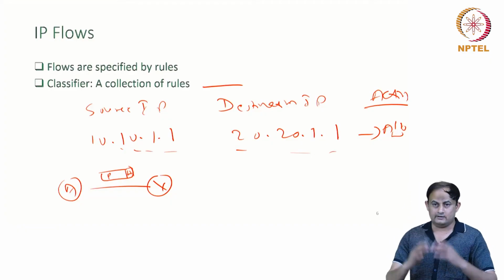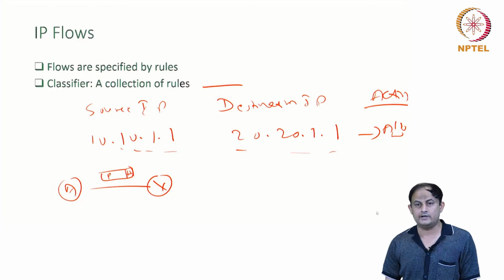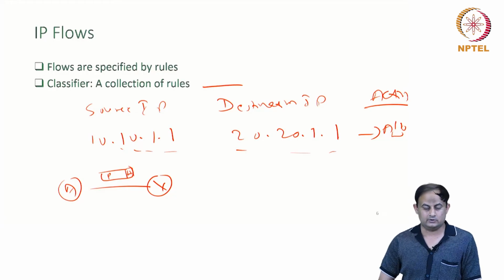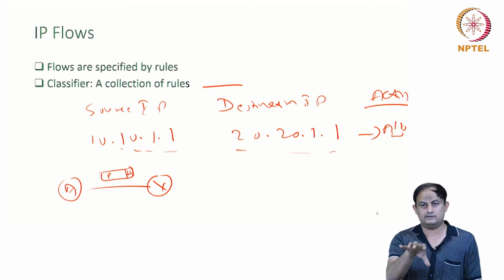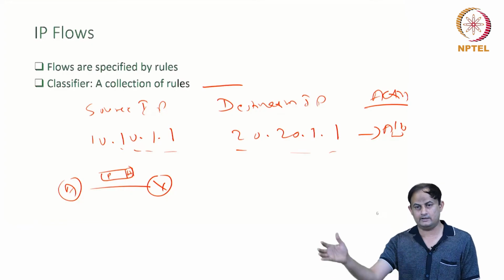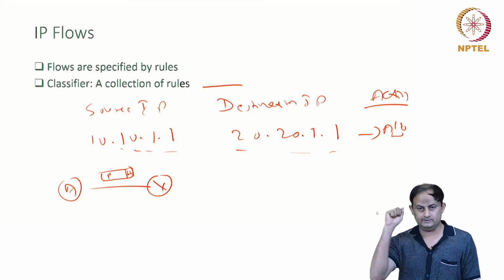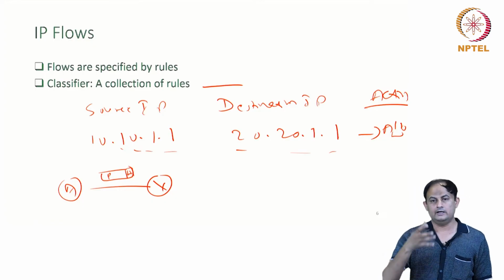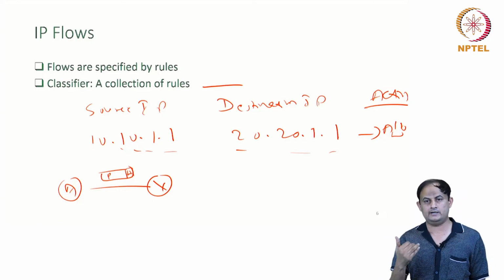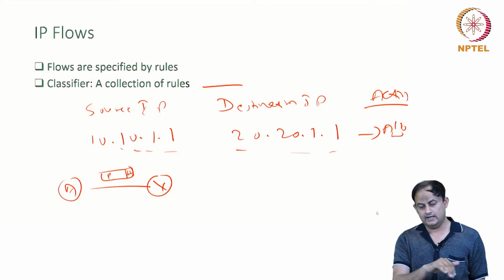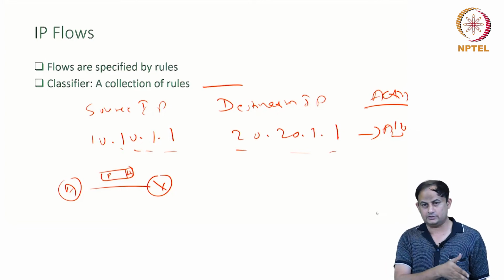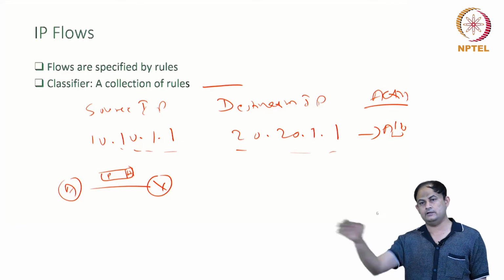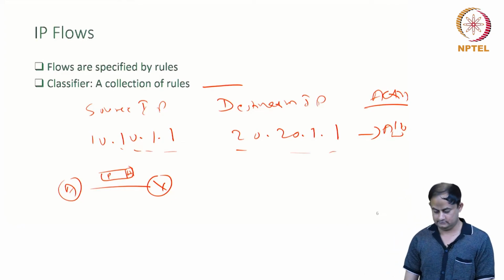So I can write a set of rules using a combination of these header fields. For an incoming packet arriving at the router, you pick up the bits corresponding to the header, extract the required fields from that header, match them against a bunch of rules written inside the router, and then take the corresponding action.